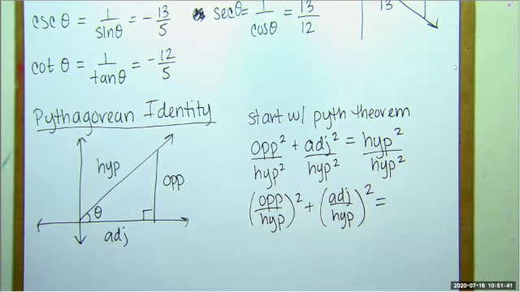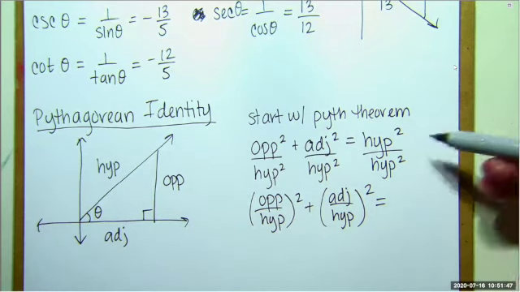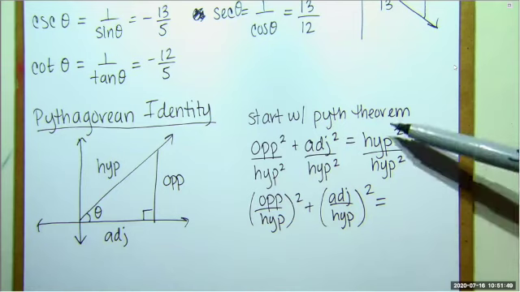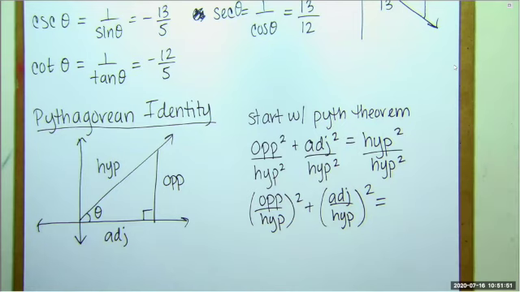And what should I write on that right side of the equation? Hypotenuse squared over hypotenuse squared is equal to what? Like 5 over 5 or 10 over 10 or 13 over 13? 1. Okay.